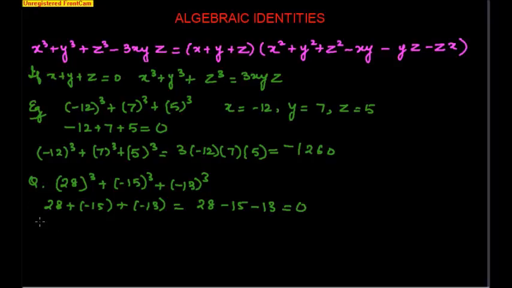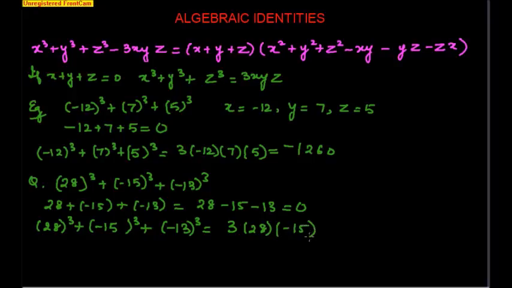And the cube, that is 28 whole cube plus minus 15 whole cube plus minus 13 cube is equal to 3 times 28 into minus 15 into minus 13. As you multiply them, you will get 16380. So that's the application of this identity.